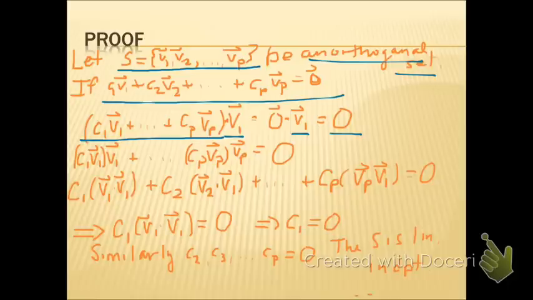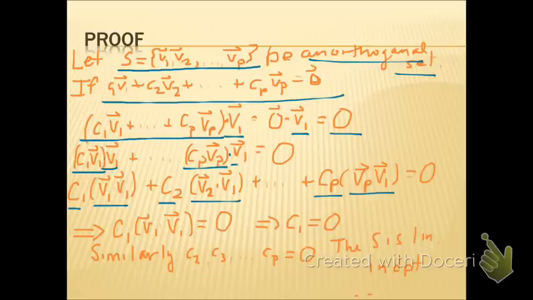Now, using our properties of the dot product, we have c1 v1 dotted with v1, up through cp vp dotted with v1. Our properties tell us that we can take the scalars out, so we have c1 times v1 dot v1 plus c2 times v2 dot v1, up to cp times vp dot v1.